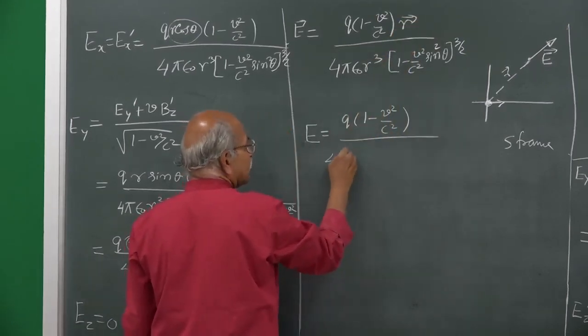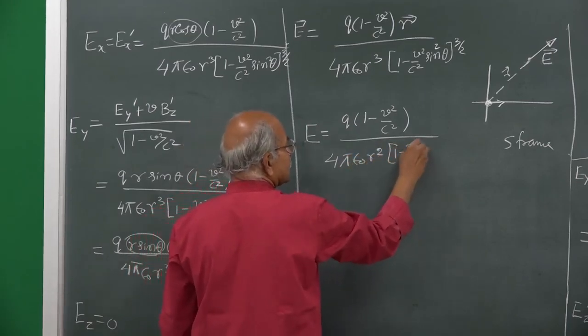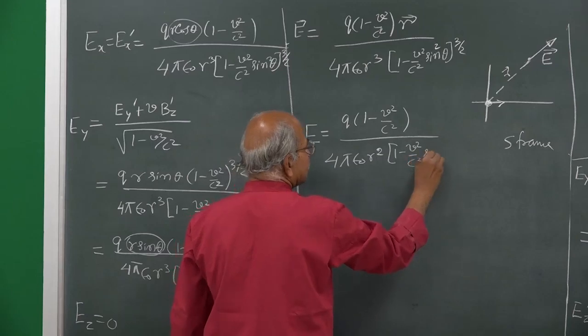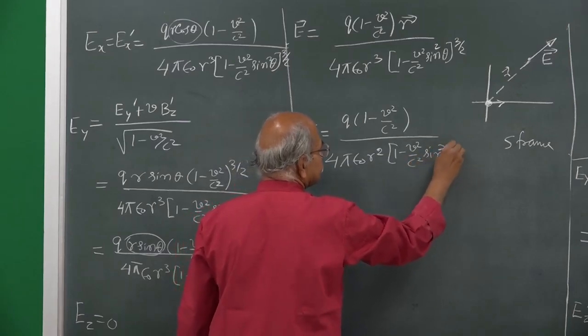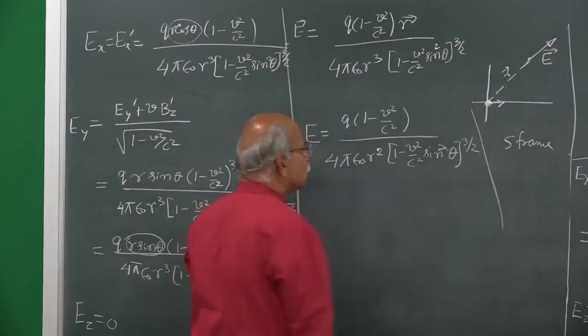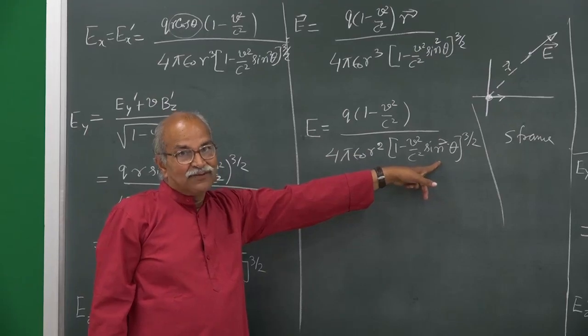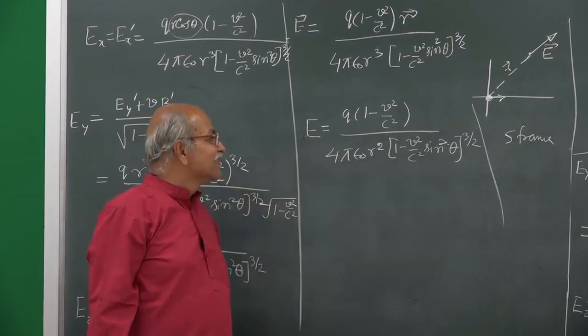So, 4 pi epsilon naught r square and then 1 minus v square by c square sin square theta to the power 3 by 2. So, the magnitude now depends on theta. Magnitude of the field depends on theta.